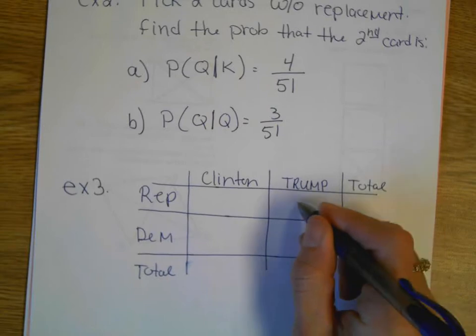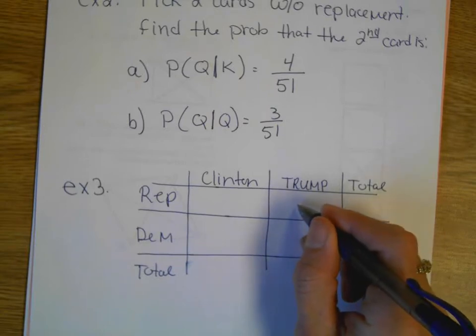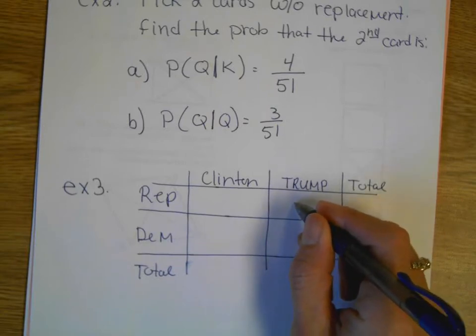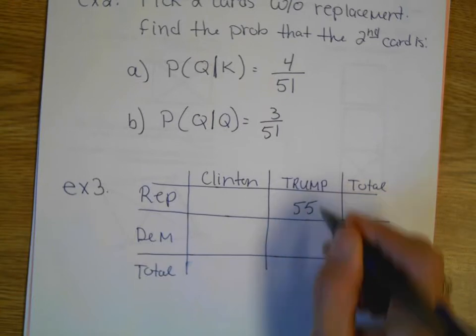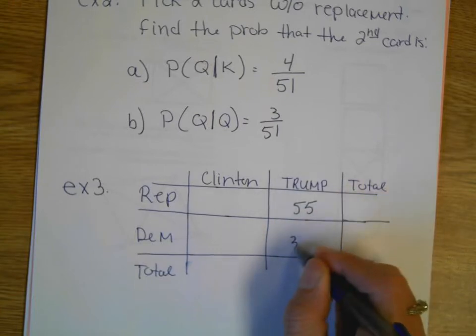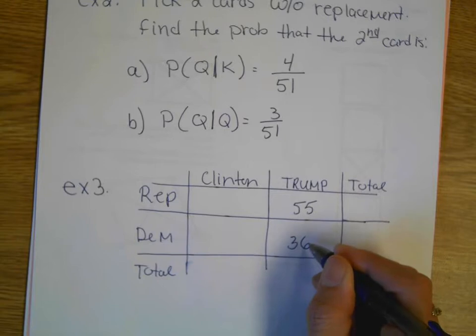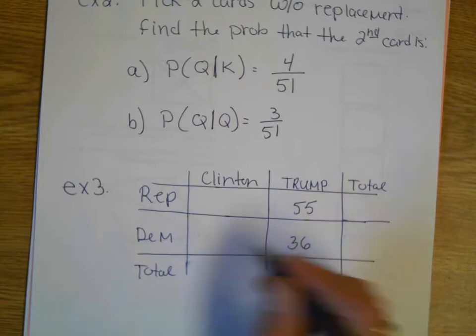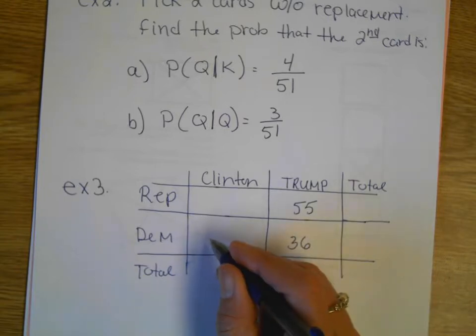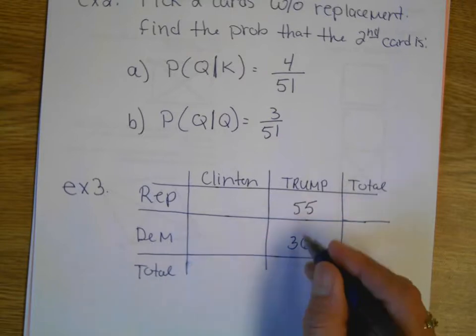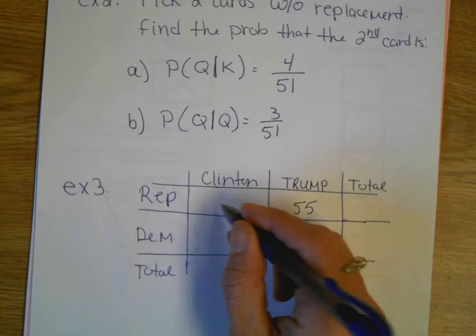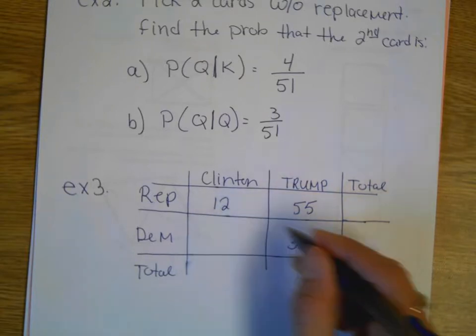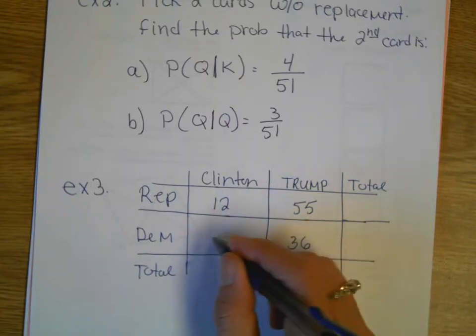Okay, we'll go 55, 36, oh geez, I got to do this right. 55, 36, we need 12, 24.